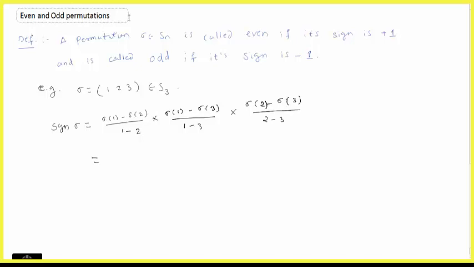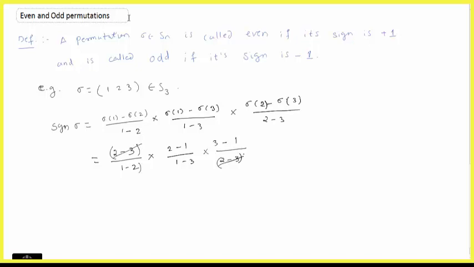This is equal to sigma of 1 is 2, sigma of 2 is 3. This is 2 minus 3 divided by 1 minus 2, into sigma of 1 is again 2, sigma of 3 is 1, 2 minus 1 divided by 1 minus 3, into sigma of 2 is 3 minus sigma of 3 is 1, 3 minus 1 divided by 2 minus 3. So this 2 minus 3 cancels with this 2 minus 3.